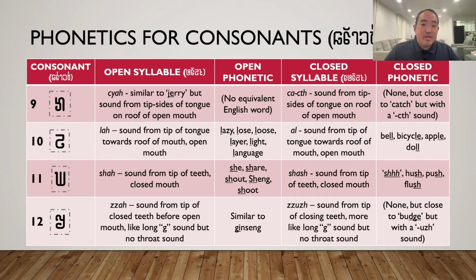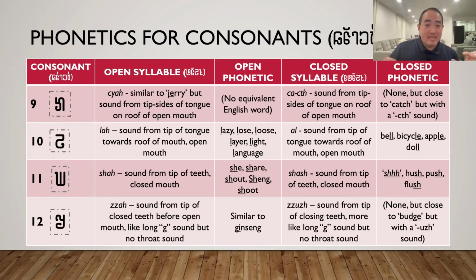This one, number 9, this consonant is pronounced ja, jat. This one is somewhat different from English because it's a Hmong phonetic sound, and there's really no English equivalent.